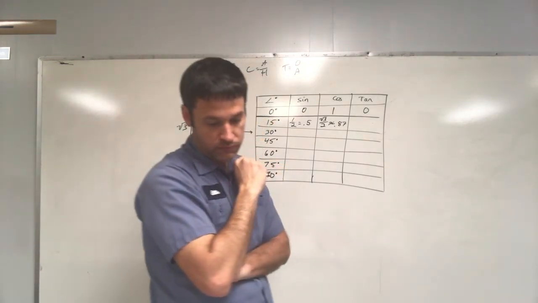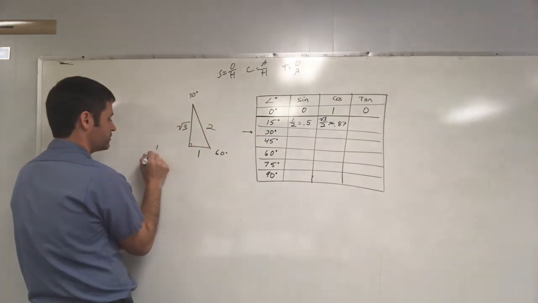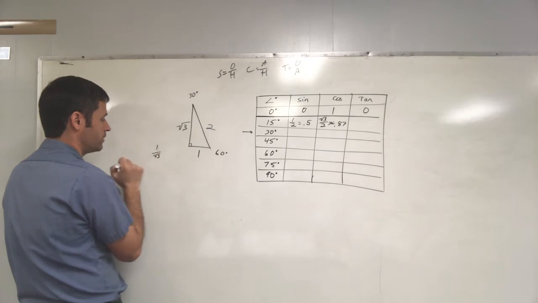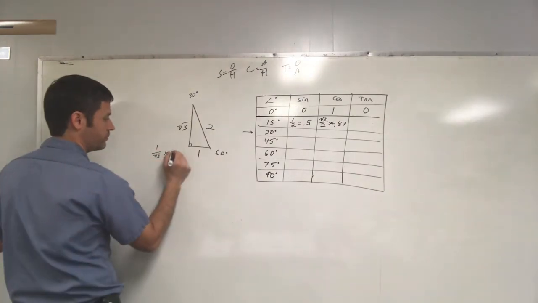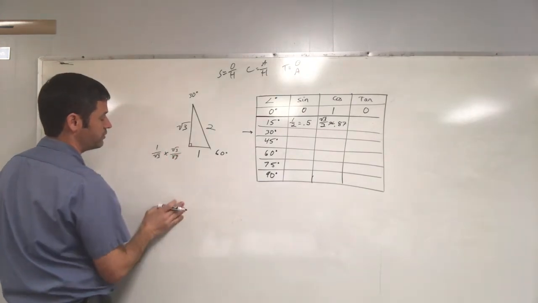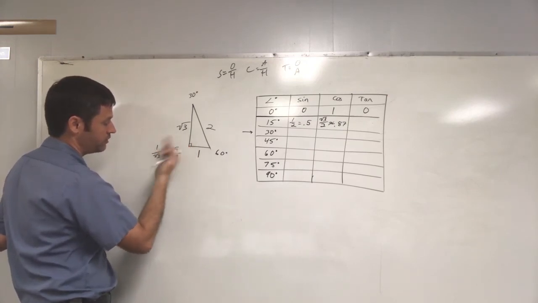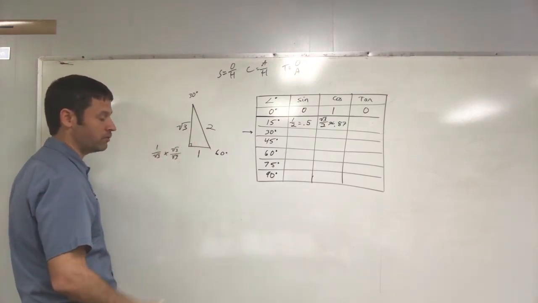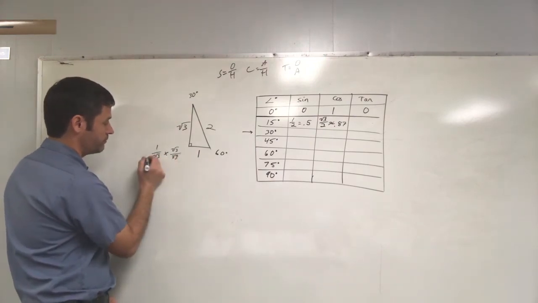Now, remember that we don't like square root of 3 on the bottom, so we take this times square root of 3 over square root of 3, since we're allowed to multiply everything by 1. Whatever this is, it's the number 1, so you can take a number times 1 and it won't change it.